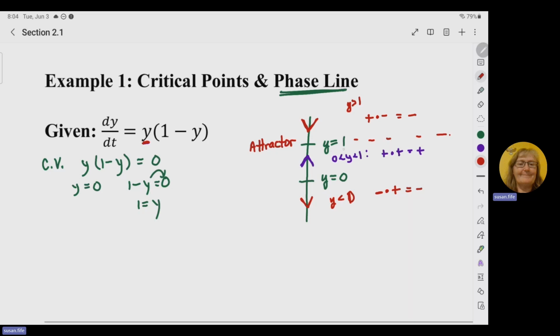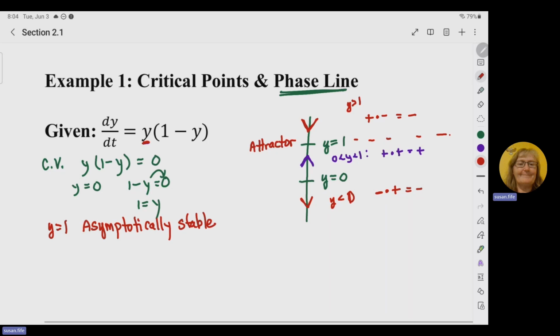So at y equals 1, the graph is asymptotically stable.